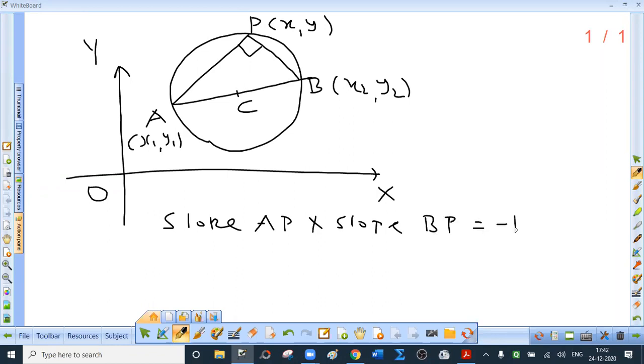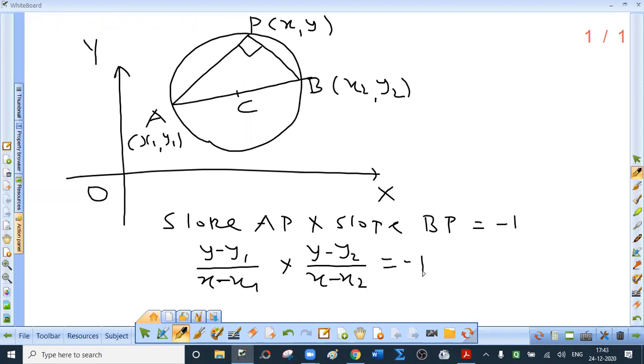Now what is slope? (y2 minus y1) upon (x2 minus x1). So slope of AP is (y minus y1) upon (x minus x1), okay, into slope BP, that is (y minus y2) upon (x minus x2). Now this comes out to be minus 1.